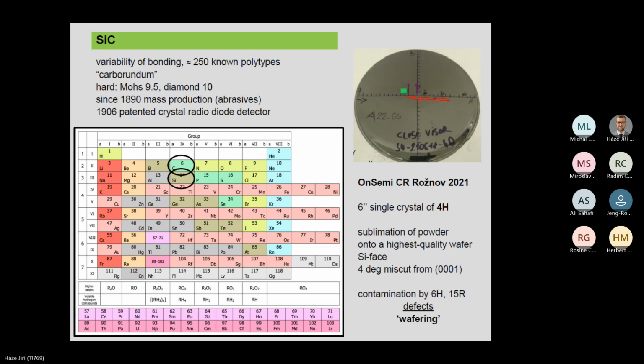We see also the possibilities of doping here, just changing the numbers of electrons in producing free quasi-electrons and holes, another type of quasi-particles here. This is what I have shown on the title page. This is the crystal from onsemi Rozhanov in 2021. We have about 4 years of, I hope, fruitful cooperation in studying silicon carbide.